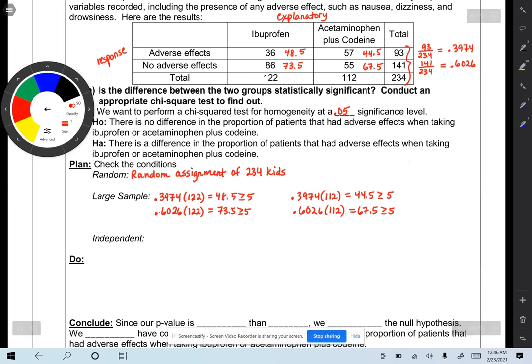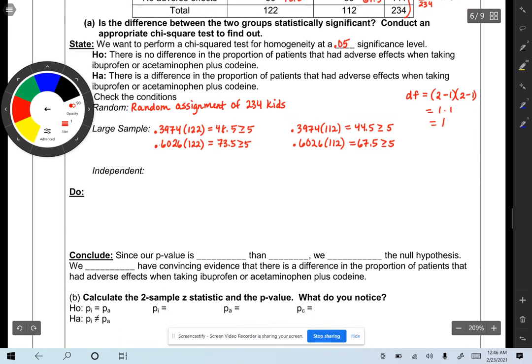Might as well just put the degrees of freedom too while I'm thinking about it. For the degrees of freedom, you have two responses, so 2 minus 1, and for the explanatory, you have 2 minus 1. So 1 times 1. Okay, so our degrees of freedom is 1. And for independence, the random assignment assures independence.